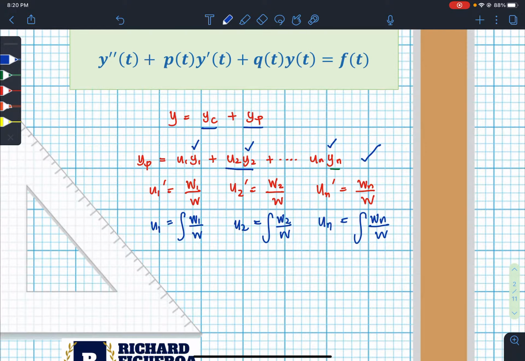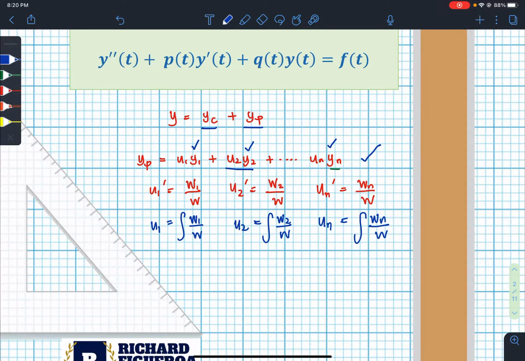For u sub 1 prime, that would be equal to a determinant built from the solution of the homogeneous part, divided by W, the Wronskian of all the solutions of the given differential equation.